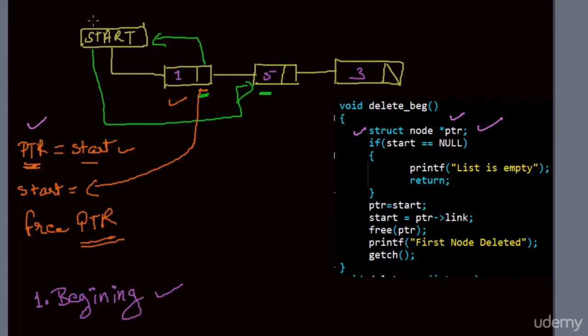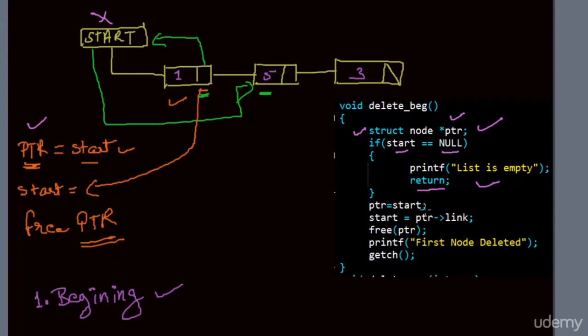If, for example, start doesn't contain anything, it's a null pointer, then there is no node in the linked list. Obviously, if start equals null, we will simply print "list is empty" and return.